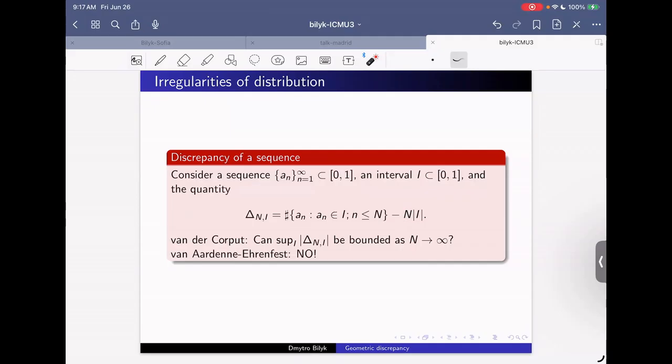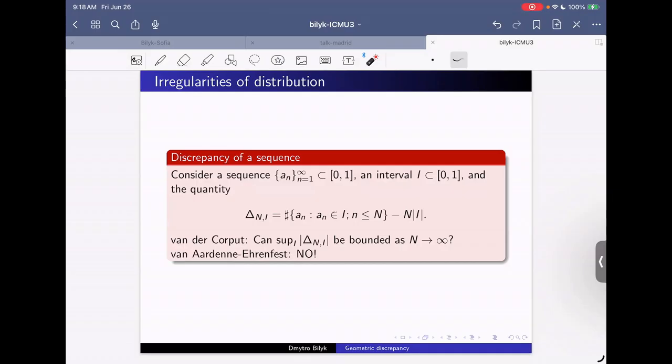It has to be strictly greater than 1 over n. So it's 1 over n multiplied by something unbounded. She gave a pretty weak quantitative bound. It was something like a double logarithm, like log n to some power. But still, she was the first one to prove van der Corput's conjecture that the discrepancy of any sequence is unbounded.